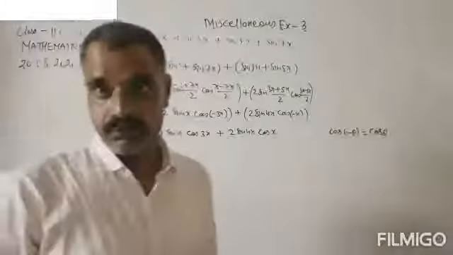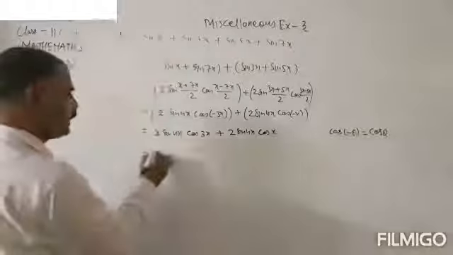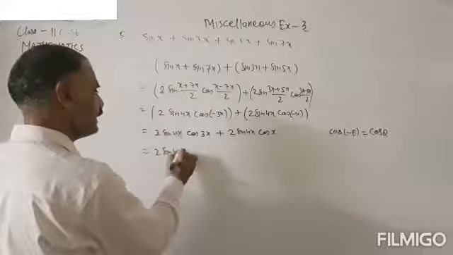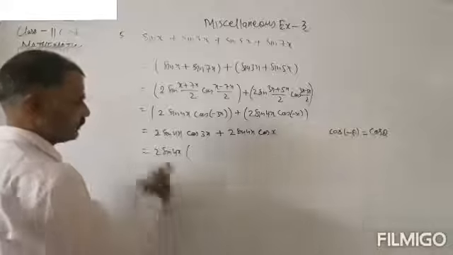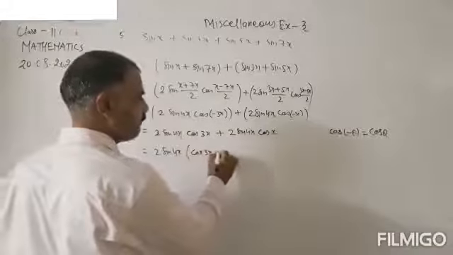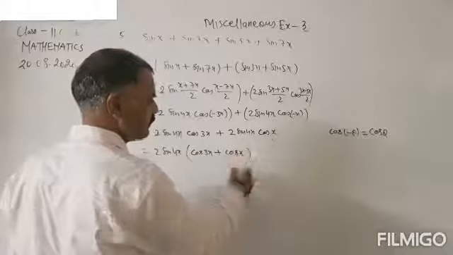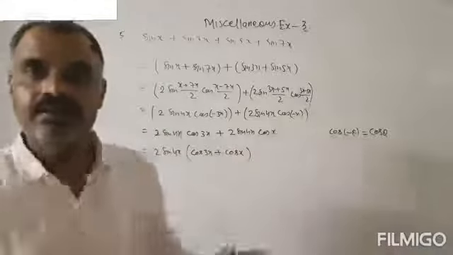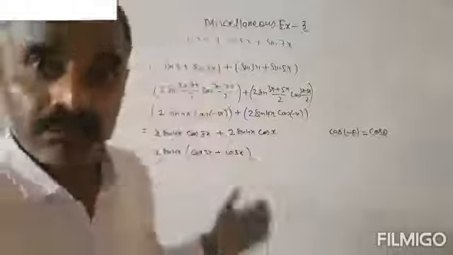Now taking 2 sin 4x as common, we are having cos 3x plus cos x.